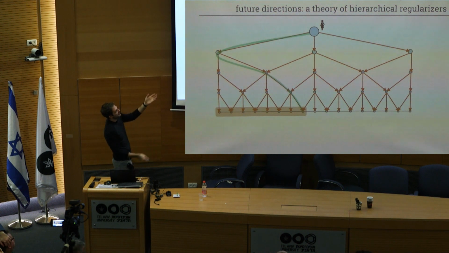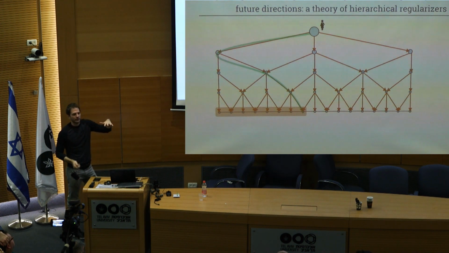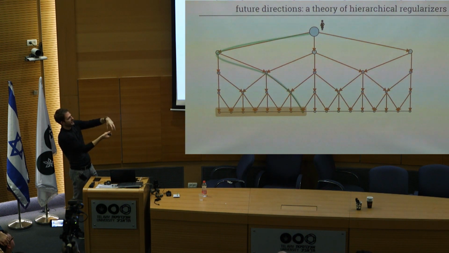So the algorithm here is, basically, the point is that these high-level edges move slowly enough that the algorithm will converge to the optimal solution on that sub-instance before the high-level edges will want to switch to a different sub-instance.